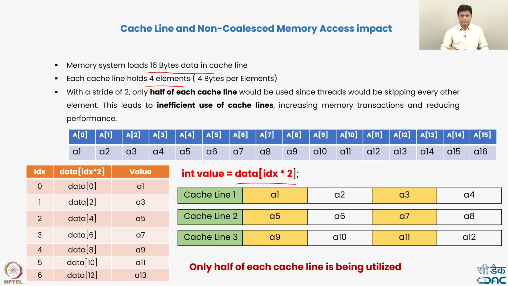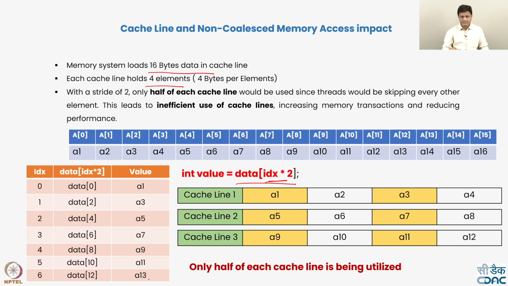So, what is going to happen here? If I apply the thread ID here, the thread IDs are 0, 1, 2, 3, 4, 5, 6. If you see here, what if I apply this thread ID on this logic, which elements am I going to access? It requires A1, A3, A5, A7, A9, A11 and A13.